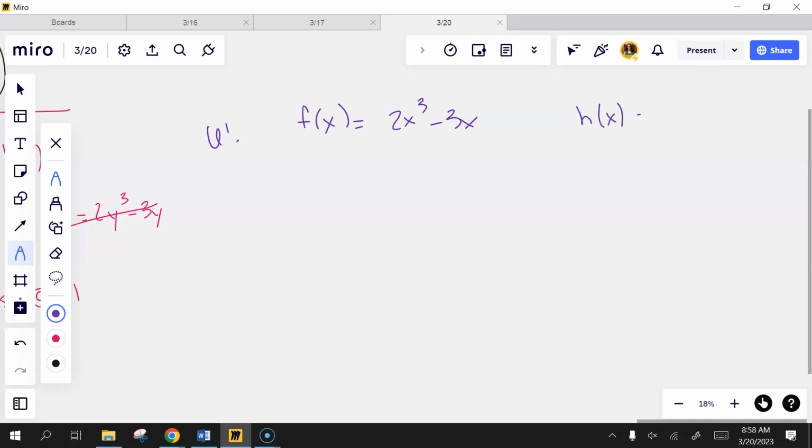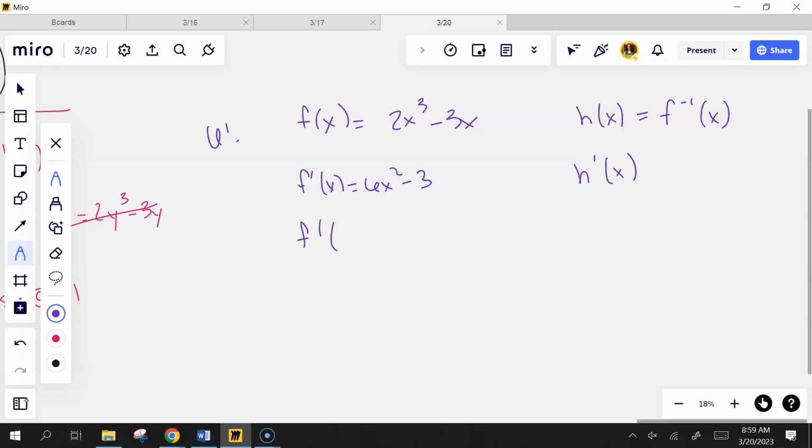H of x is the inverse, and they want me to find the derivative of the inverse, right? So if I can find the slope of the function at that point, I can just reciprocate it to find the slope of the inverse. That's all it is. So the derivative, of course, would be 6x squared minus 3.